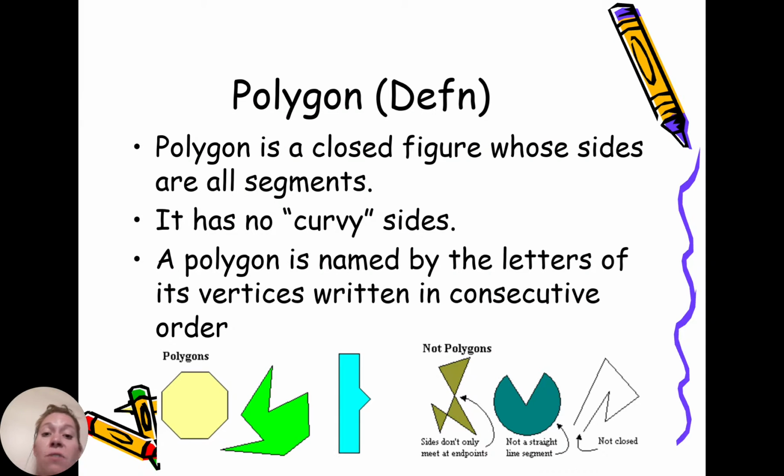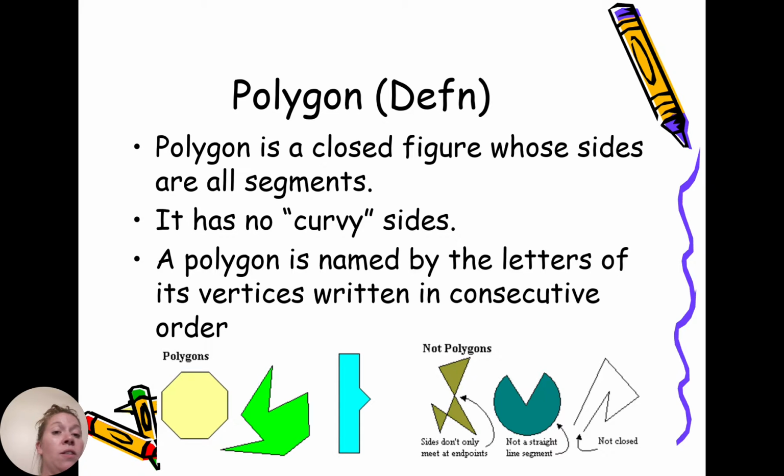So let's just start off with some definitions. A polygon is a closed figure whose sides are all segments, right? So there's no curvy sides, no circles. We have closed shapes as well.